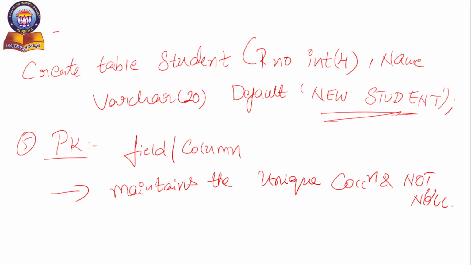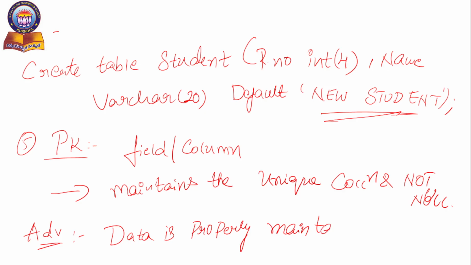Then what is the advantage of using the primary key? The main advantage is that data is properly maintained.